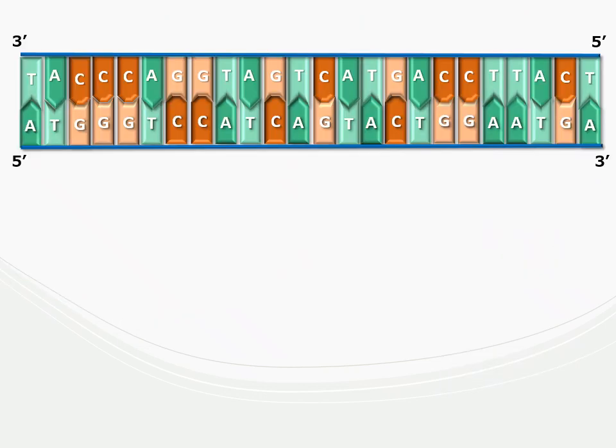We'll look at the details of transcription more in another video, but for now, we're going to focus on how the information in each molecule is used. We start with a double-stranded DNA molecule, but we're only going to use one of these strands for transcription.